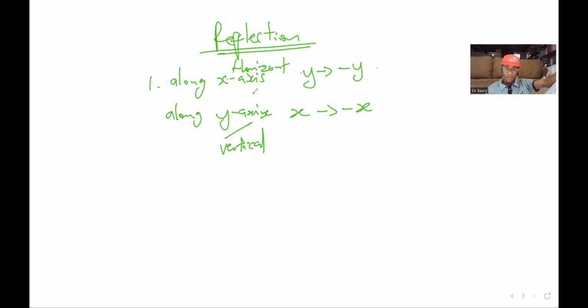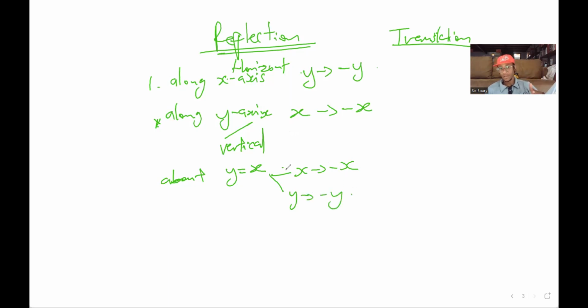3 marks. And then translation. Also with reflection, you did this about y is equal to x. Here, both of them change. X becomes negative x, y becomes negative y. Both of them change signs if you are reflecting along this line.